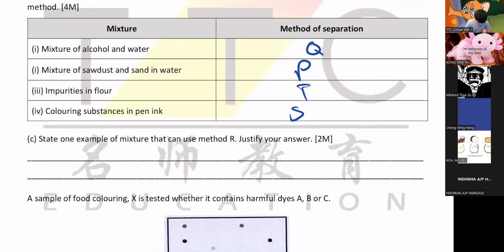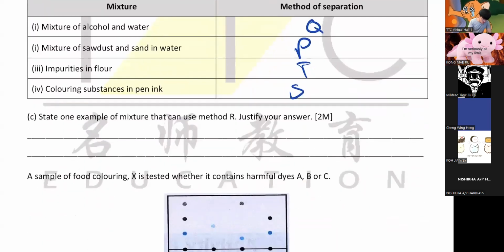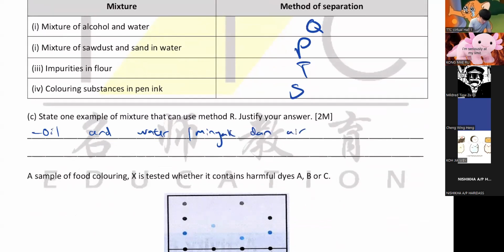State one example of mixture that can use method R. Justify your answer. So who can use method R? Like I said, like oil and water. Minyak dan air. Why? Because they are immiscible. How do you spell immiscible again?